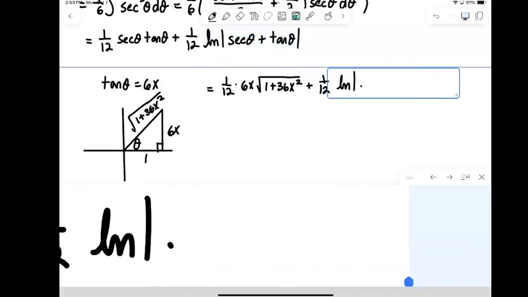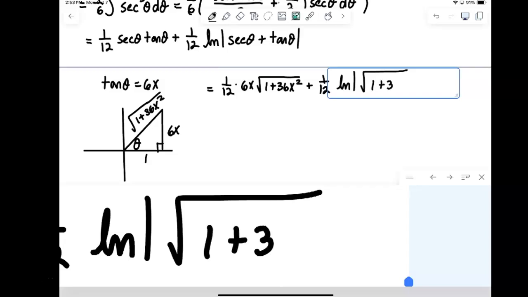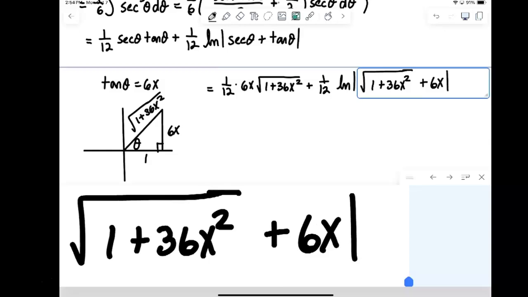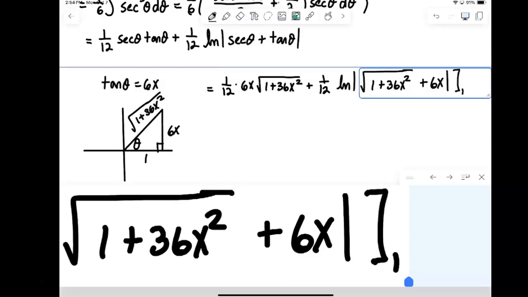So the square root of 1 plus 36x squared plus 6x. And then all that is evaluated between 1 and 4. So we can find the arc length of this function.